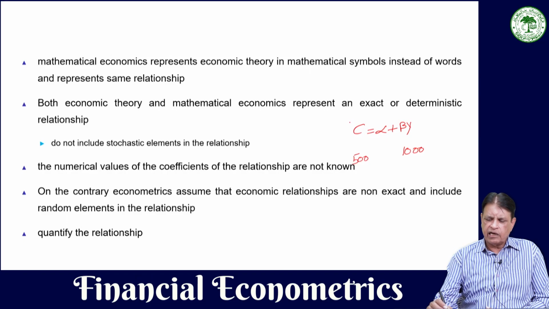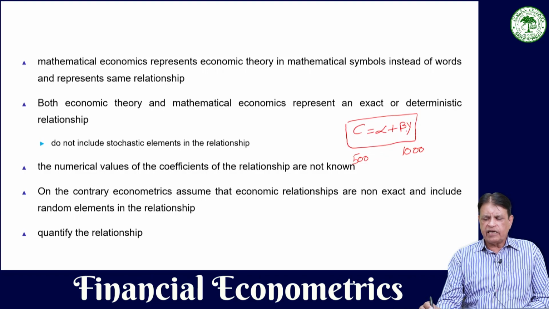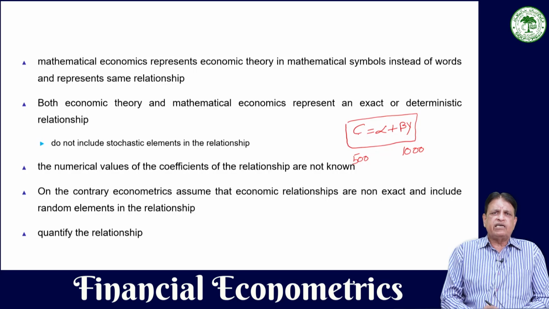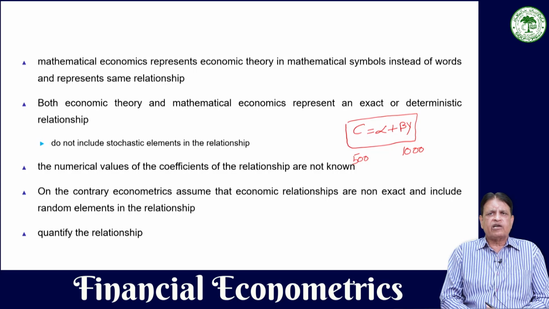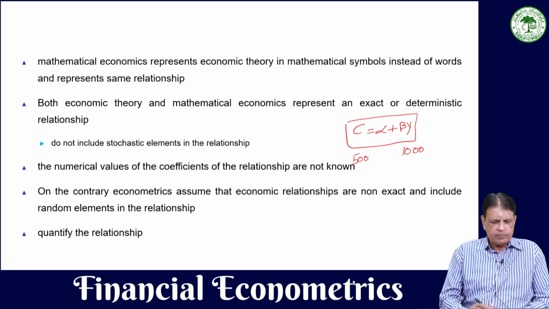Suppose we can keep constant all the variables that can affect this consumption-income relationship. Then, for one value of y, there will be only one value of c. There is no question of having different values of c associated with one value of y.